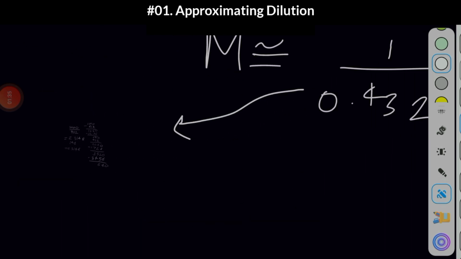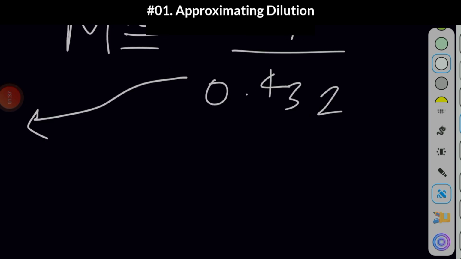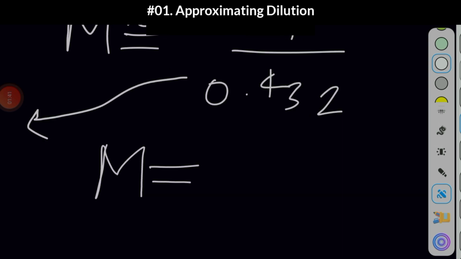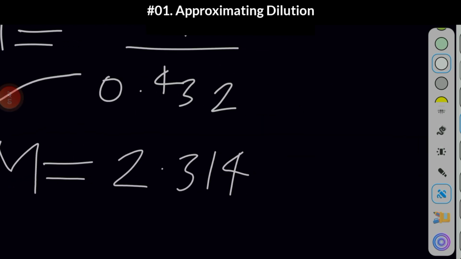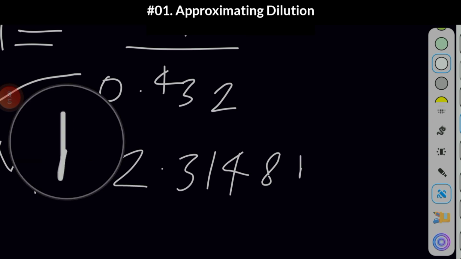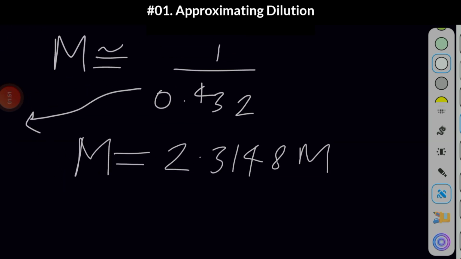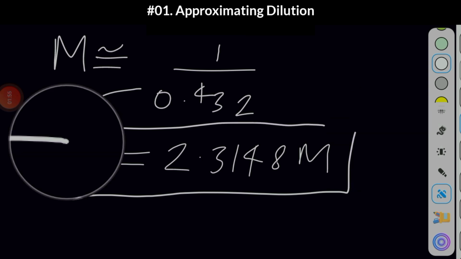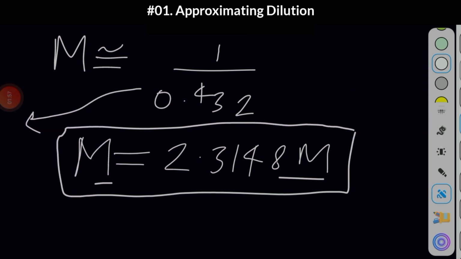Congratulations, this answer is more than enough to convince your teacher or get exam marks in the exam, right? 2.3148 mole, and we have done this without any calculator, right? I should write m 2 times, but I leave the convention.